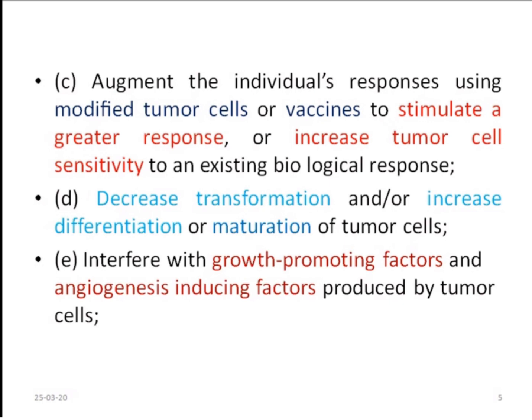Which in other terms we can call vaccines as well. So these agents are injected into the body, and they stimulate a greater response. Earlier they were not responding strongly, but when modified they respond well, right? Or they increase the tumor cell sensitivity.